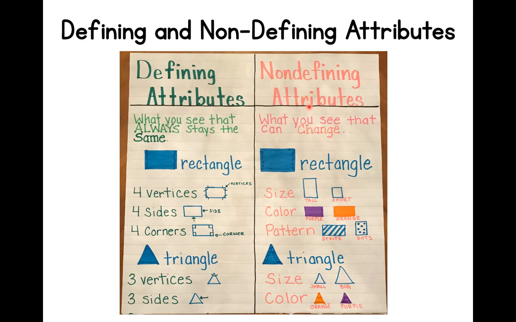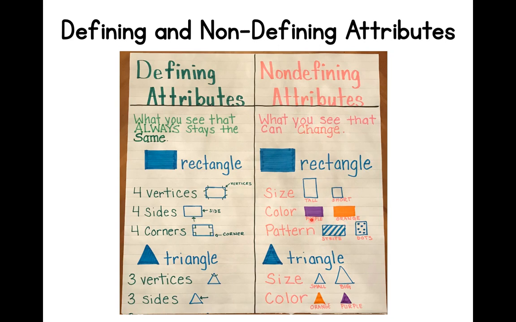Non-defining attributes are different. Non-defining attributes are those things that you can change. So things like color, size, pattern, those things can change, right? But it doesn't change the shape. So if you look at this example, we have a purple rectangle and an orange rectangle, right?